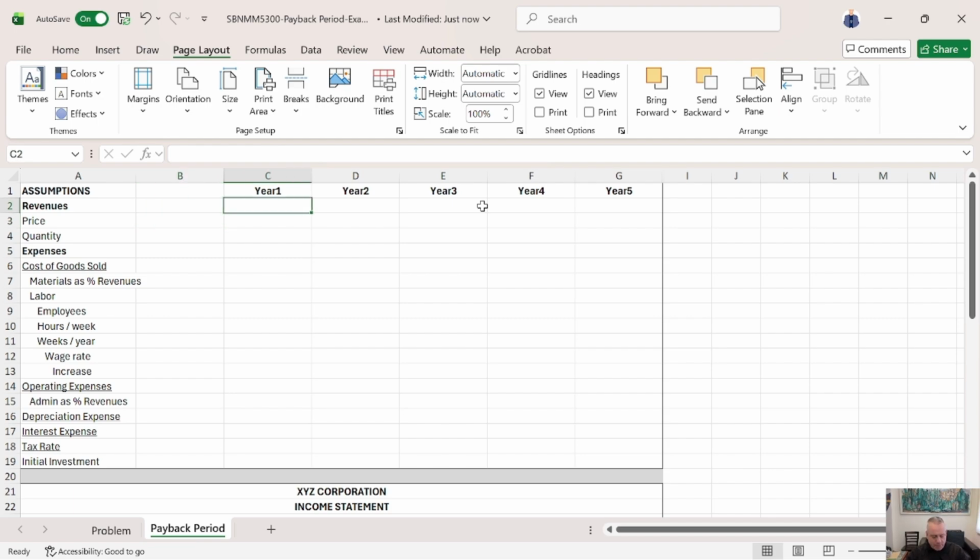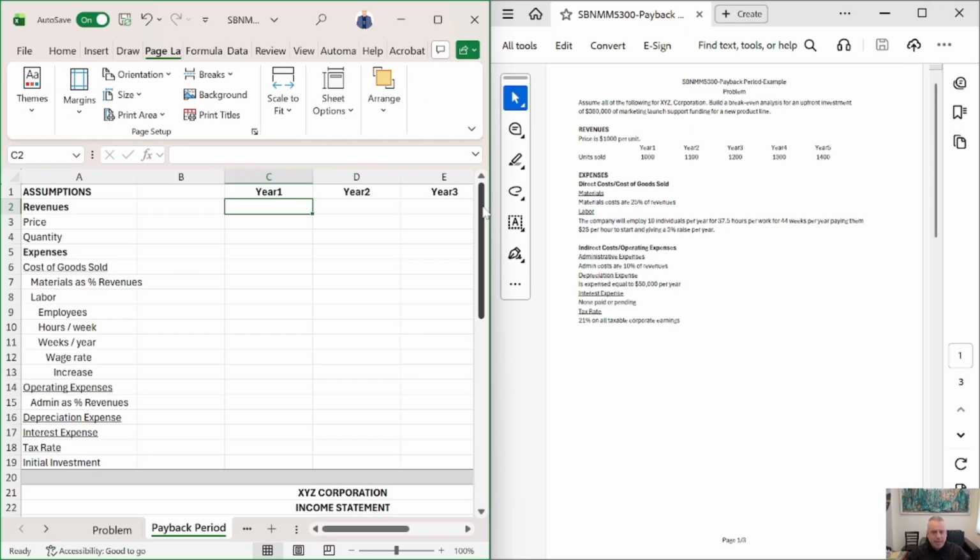So again, let's put this to the side and put its front next to it so that I can see that my price is $1,000, and the units that I'm going to sell are 1,000 in this first year.